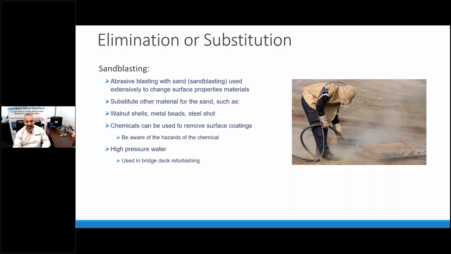In some cases, chemicals can be used to remove surface coatings as opposed to the abrasive blasting, but be aware that sometimes in substitution, you may be creating a new hazard while mitigating a different hazard. So again, be aware of the hazards of the chemicals being used if using chemical stripping to replace the abrasive blasting. In some cases, using high pressure water can also be used as a substitute material for sandblasting.